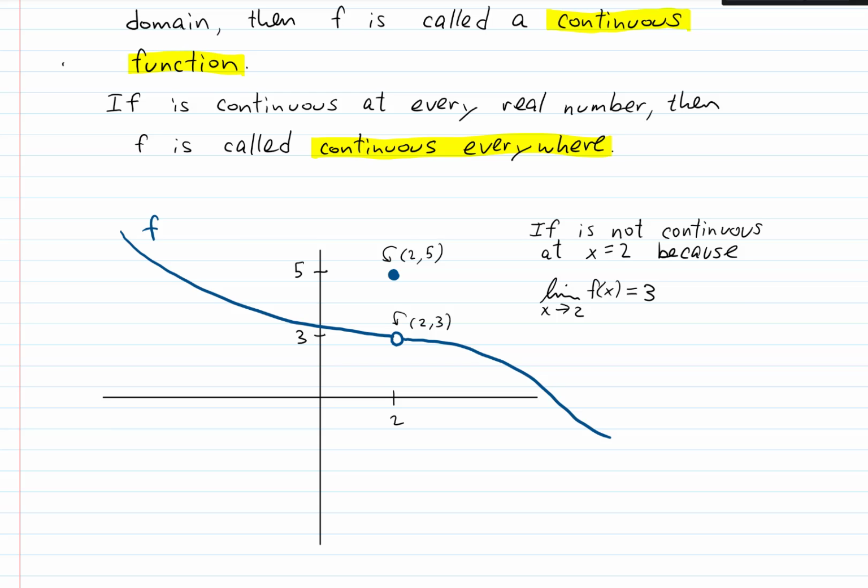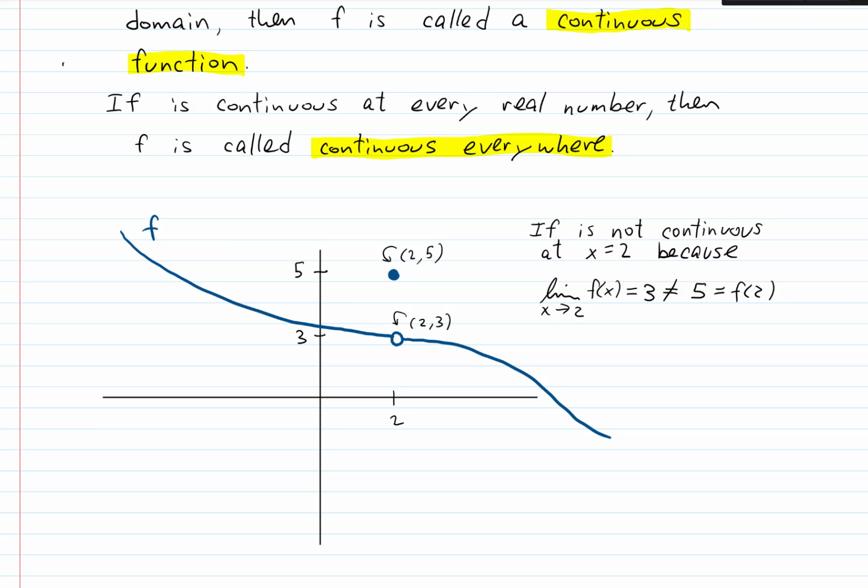What is f of 2? f of 2 is 5, and 3 is not equal to 5. So the limit of f of x as x approaches 2 does not equal f of 2. That is the only reason we give for why f is not continuous at 2.